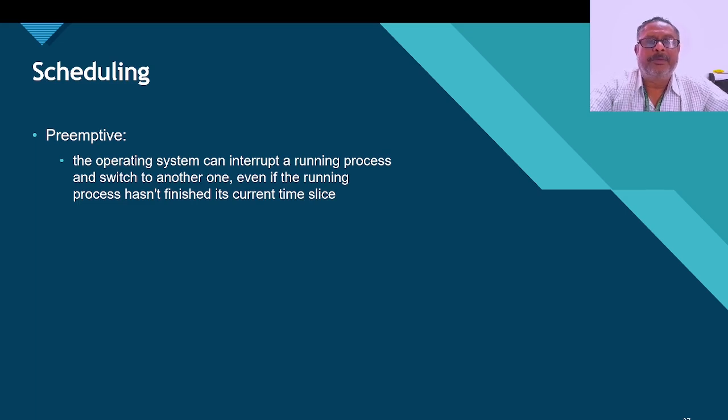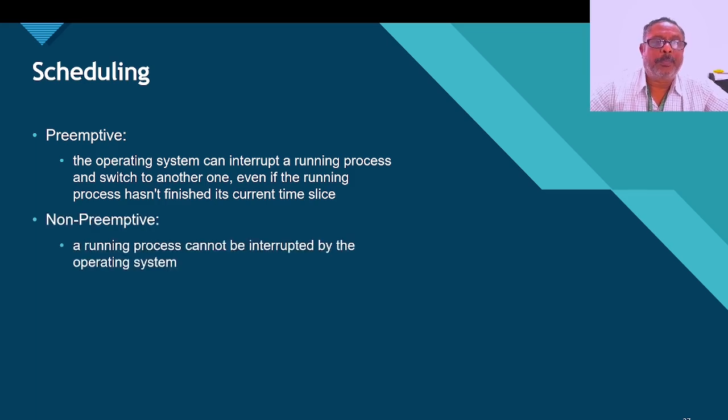The stopping may be for various reasons, like the allotted time is over, as in round robin scheduling, or maybe some more important task has come up. So a less important task has to stop and wait till the more important task is done. That's priority scheduling and all that.